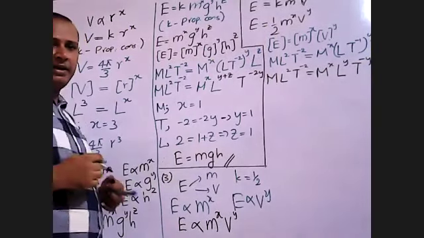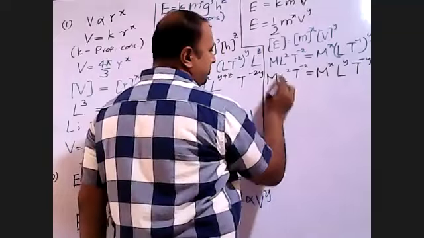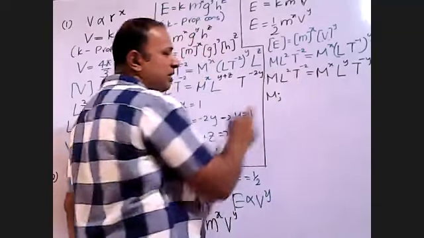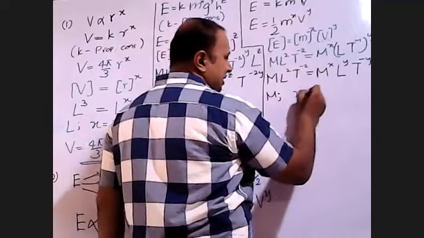Okay, then I can equate the powers from the same base. Initially, I can equate m. If I equate m, here the power is 1, here the power is x, therefore x is equal to 1.